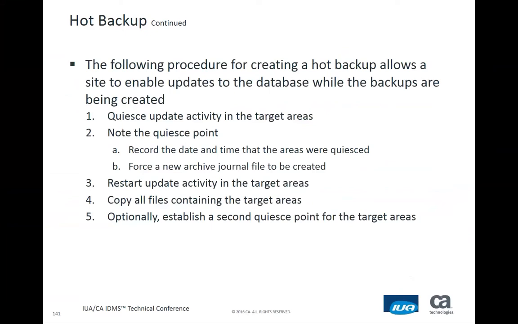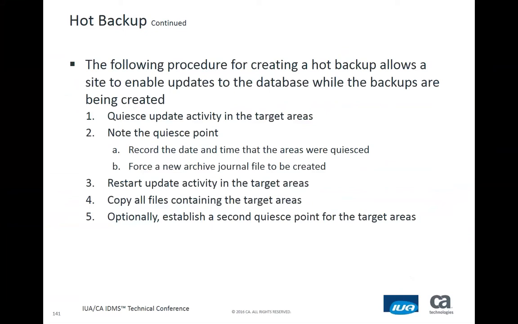When the backup of the files completes, you can optionally establish a second quiesce point for those target areas. In other words, you would do the same type of thing that you were doing in steps 1 and 2: quiesce the areas, vary them offline, vary the journal during that point in time, and then release the areas and continue on with your processing.